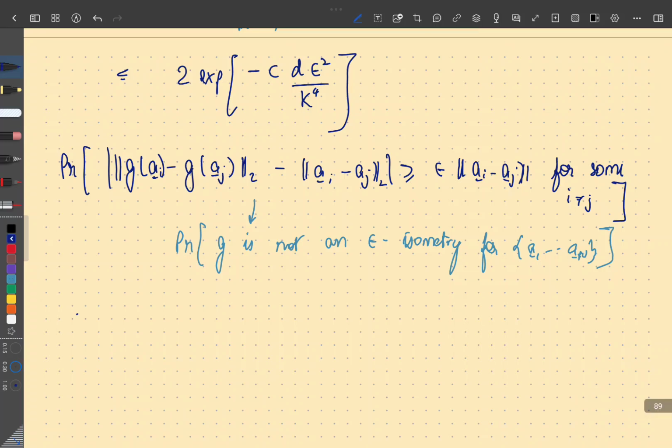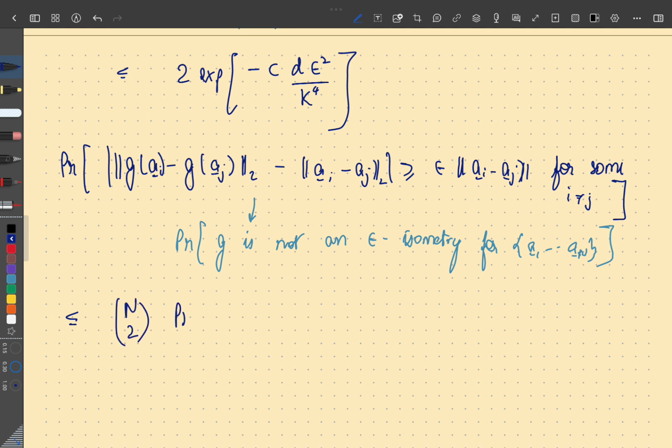Right, so this probability, just by a union bound, you take all possible pairs i, j. How many pairs do we have? We have n choose 2 pairs, times the probability that this does not happen for a fixed i, j, for which I can use the above bound that we derived: 2 times e raised to minus some universal constant times d epsilon square divided by k to the power 4.